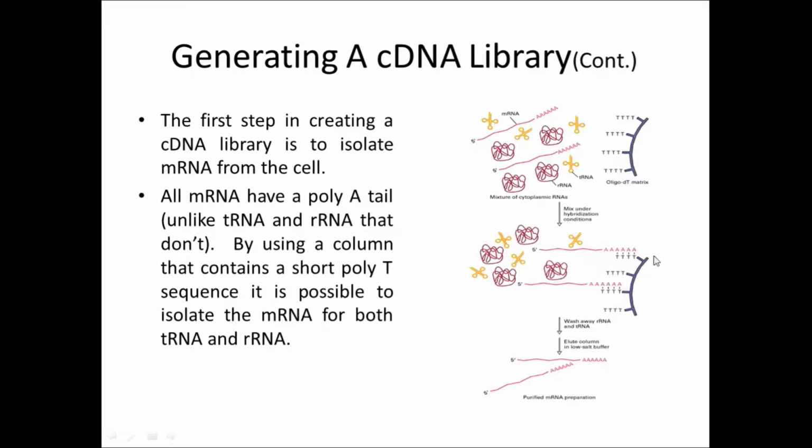Once again, we change the ionic strength of the chromatographic column, and we elute the total mRNA from the cell-free system. It is the substrate for cDNA synthesis. So all mRNAs have poly-A. By using column chromatography or other chromatographic techniques that contain short polythymine sequences as a stationary phase, we separate the total mRNA of the given cell-free system, except tRNA and rRNA.